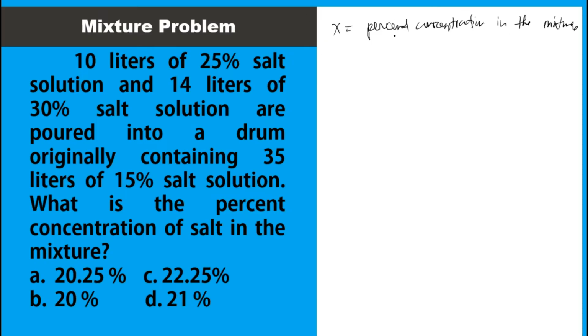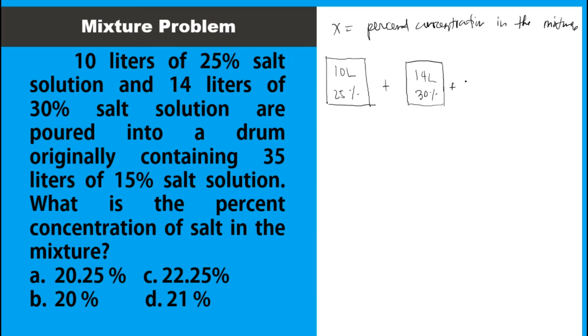You have 10 liters, so you need to draw. The first step is to draw the concentration. So this is 10 liters, this is 25% salt, plus 14 liters, this is 30% salt, poured into a drum, meaning they added it to 35 liters of 15% salt solution.